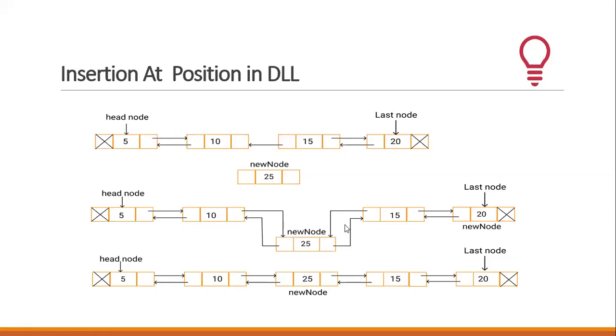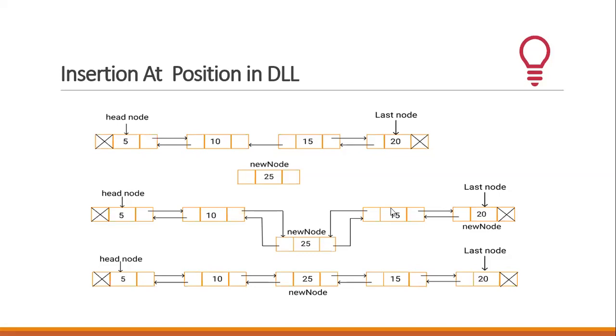But now we have to understand this scenario. How would this have happened? For that we first have to understand how these two nodes are connected to each other. 10 is connected to 15, and now if we want to insert 25, then 25 has to get connected with 15. So before 10 gets connected to 25, first of all 10 has to tell that it was connected to 15, so that 25 can get connected with 15.